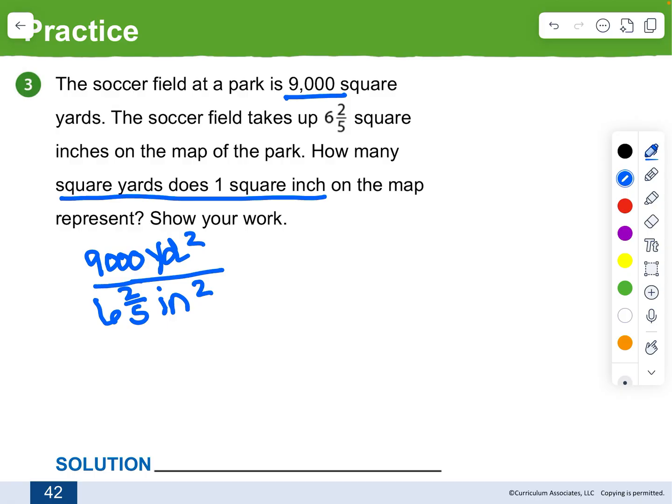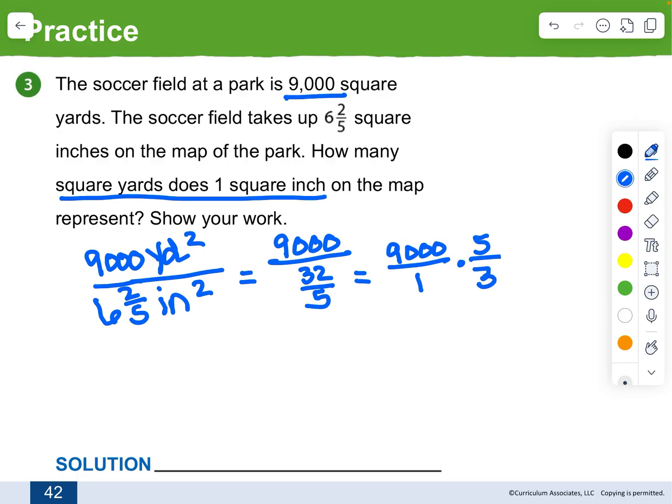And again, we're going to need to change our mixed to improper. 5 times 6 plus 2. Now some people like to put that over a 1. You can, but you don't have to. Multiply by the reciprocal. And in this case, I don't know if 32 goes into 9,000, so I am going to go ahead and do this one on a calculator.